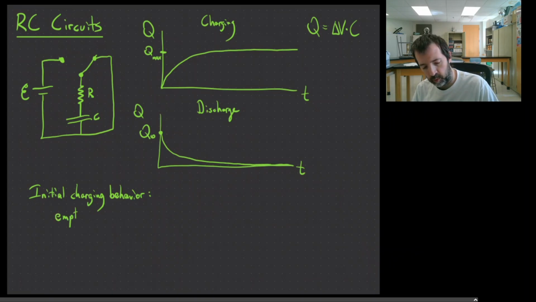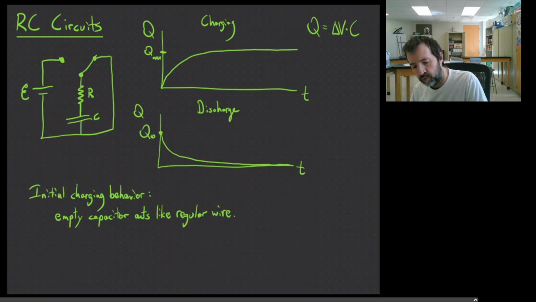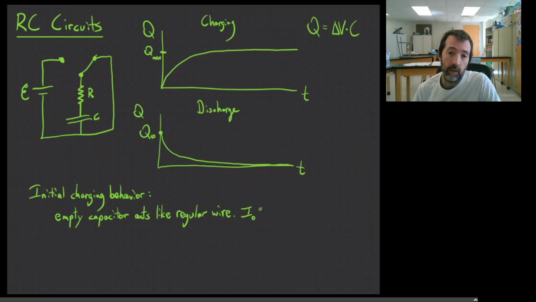The capacitor at that point is empty, and it effectively acts like a regular wire in that first instant. So for example, the initial current I could calculate just from the EMF and the resistance. I can ignore the capacitor completely. I just pretend that's actually a wire. That means that the initial current is going to be E over R. I don't have to think about it.